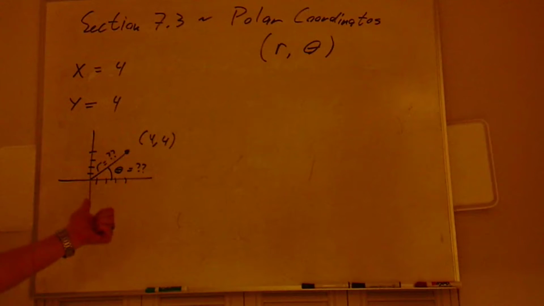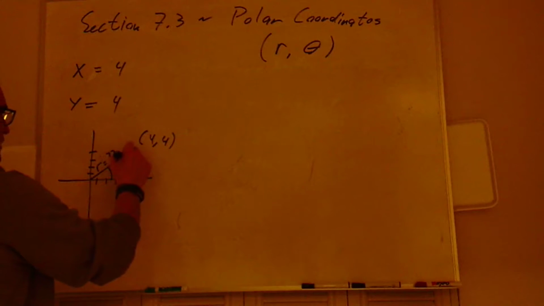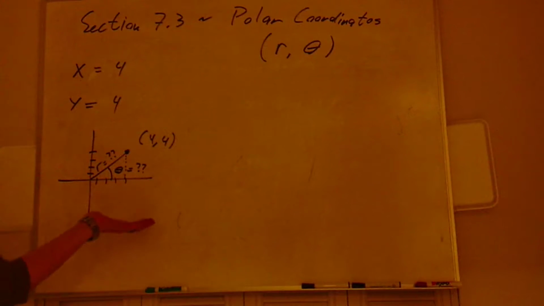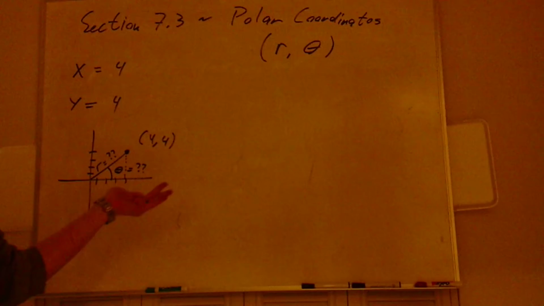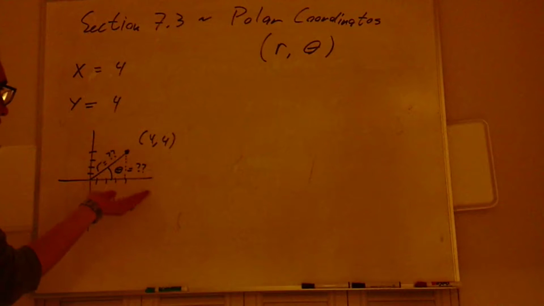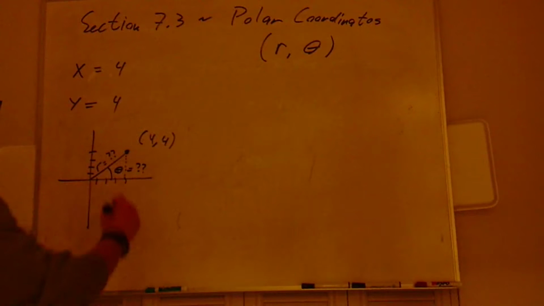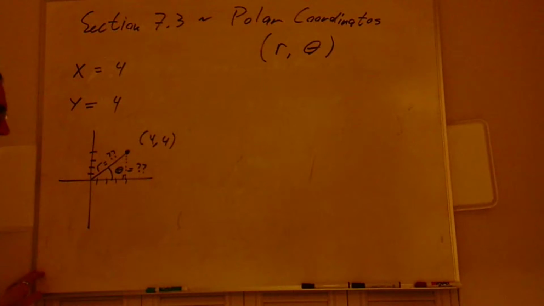We'll start with the r, because r I think is the easier of the two. Hopefully we have spent enough time doing trigonometry on the coordinate axes at this point to realize any point you choose on the coordinate axes will always make some kind of right triangle with the x-axis.